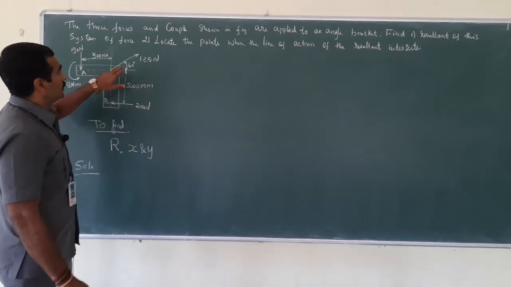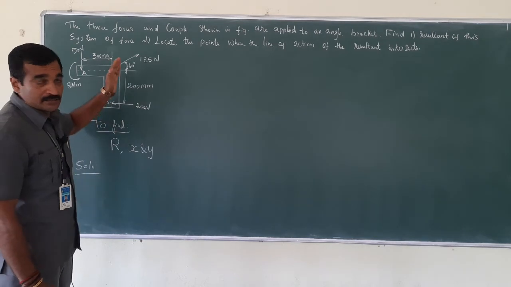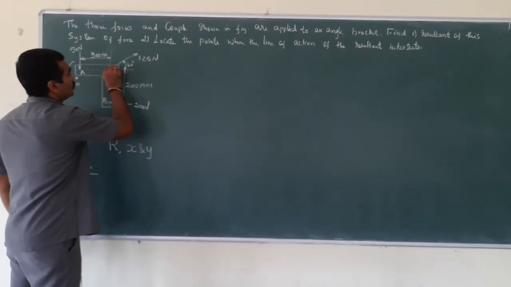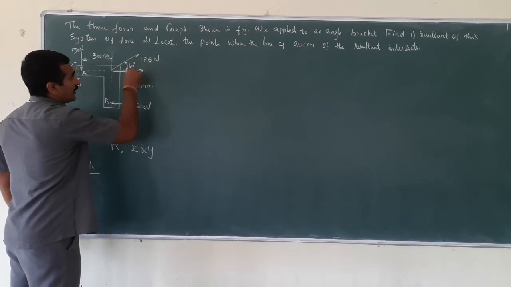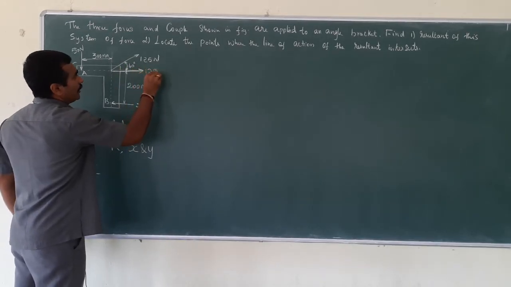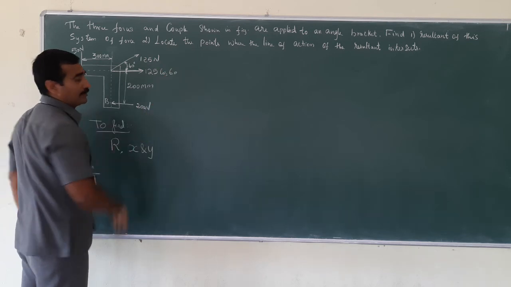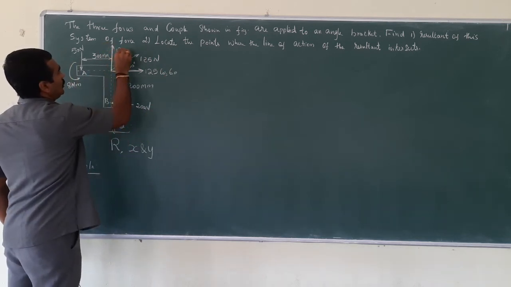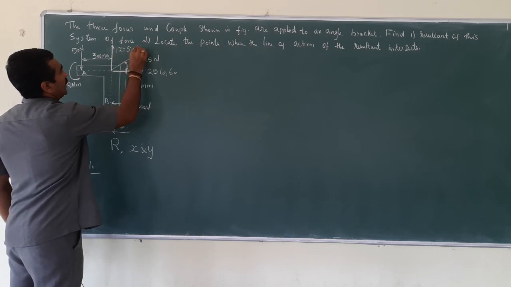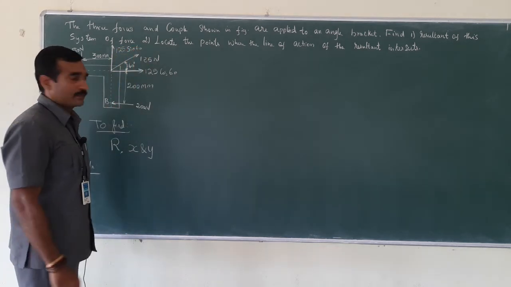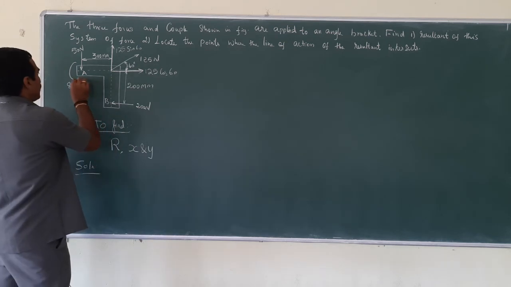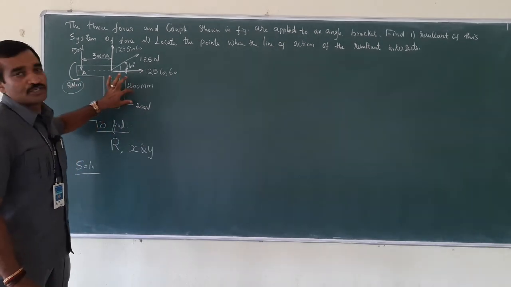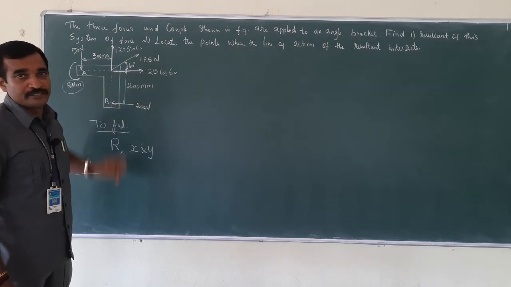Solution. Look at here, this force is acting at an angle of 60 degrees. So when you convert this into two components, the horizontal component can be 125 cos 60 and the vertical component could be 125 sin 60. Here the unit of couple is given in Newton meter, therefore this distance needs to be converted into meters.